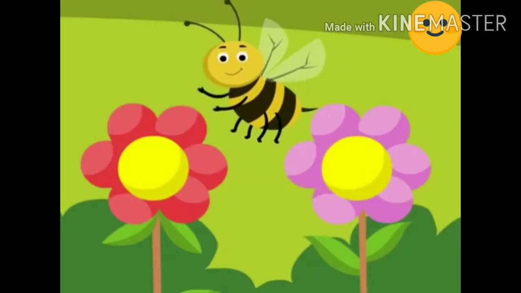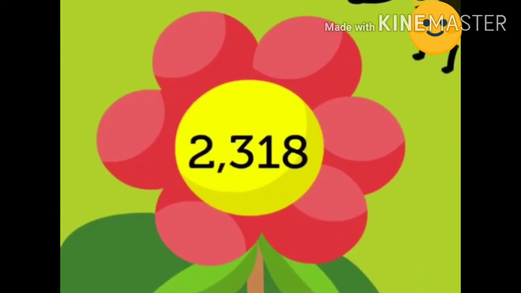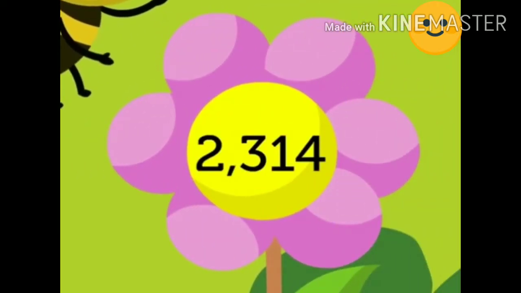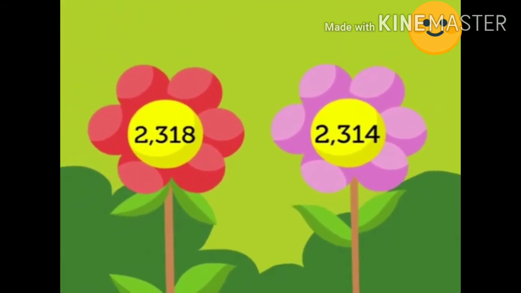Let us try one more example. Look at the numbers 2318 and 2314 on the flowers. Both the numbers have 2 in the thousands place. So we compare the digits in the hundreds place. Both have 3 in the hundreds place. So we compare the digits in the tens place.